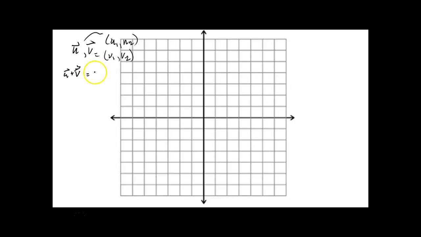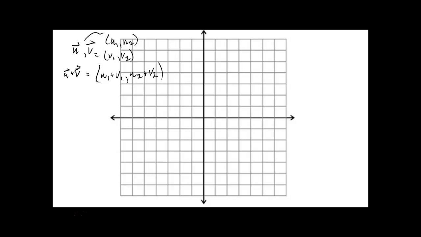What would be the sum of those two vectors? Also a vector, and what would it be? u1 plus v1, comma, u2 plus v2, close parentheses. That's how you add the vectors.